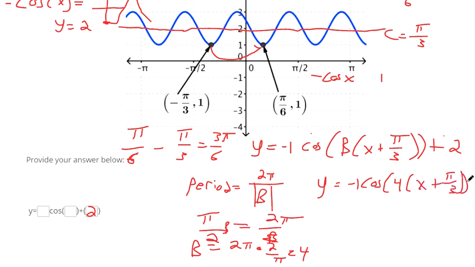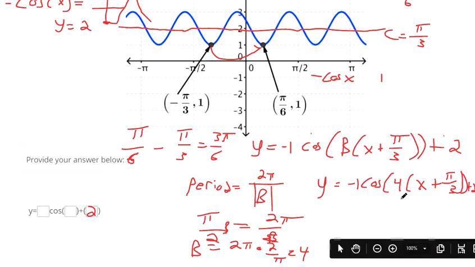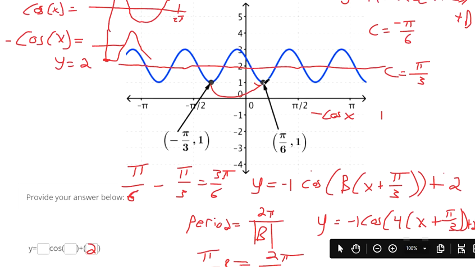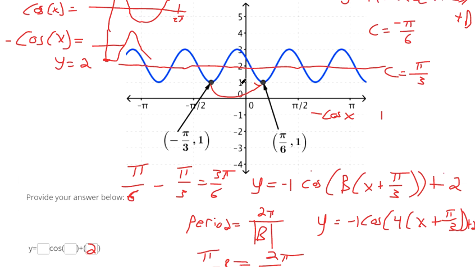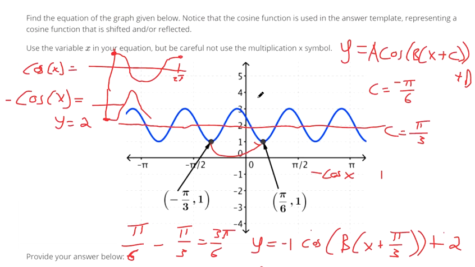And the other answer Newton should accept is y equals -1 cosine 4x minus pi over 6 plus 2. Because doing a minus pi over 6 would shift the original graph pi over 6 units to the right.